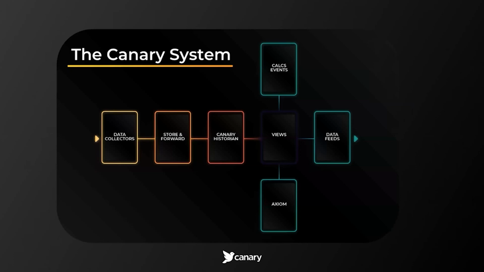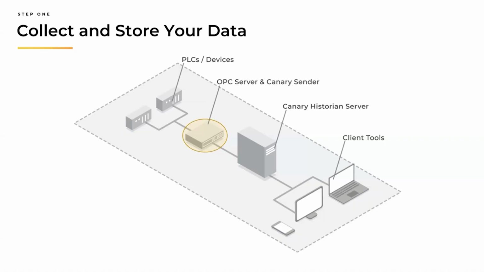We leverage our client tools like Axiom and our Excel add-in, along with our data feed application, to put actionable information in the hands of the men and women so that they can start to make informed decisions. And our data feeds make it easy to get data out of the Canary system and into other types of software. And that's where our Canary connectors will help.